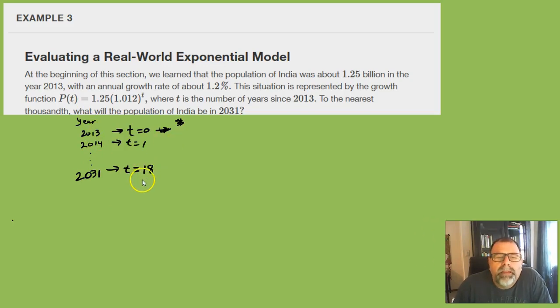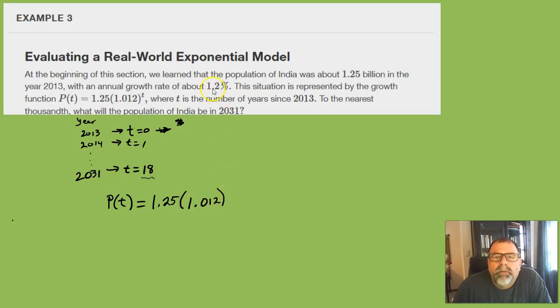So now we're going to plug in 18 into this exponential growth model. So p of t for population is equal to 1.25 times 1.012 to the t.